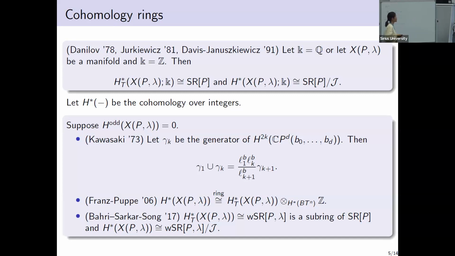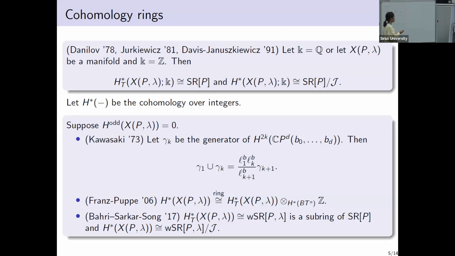If we use gamma_k to denote one generator in dimension 2k of this weighted projective space, he described the cup product in terms of the coefficients arising from the characteristic function that defines this weighted projective space.